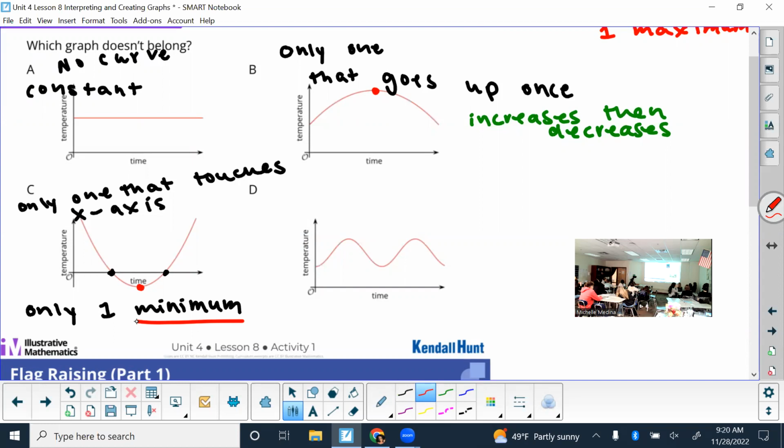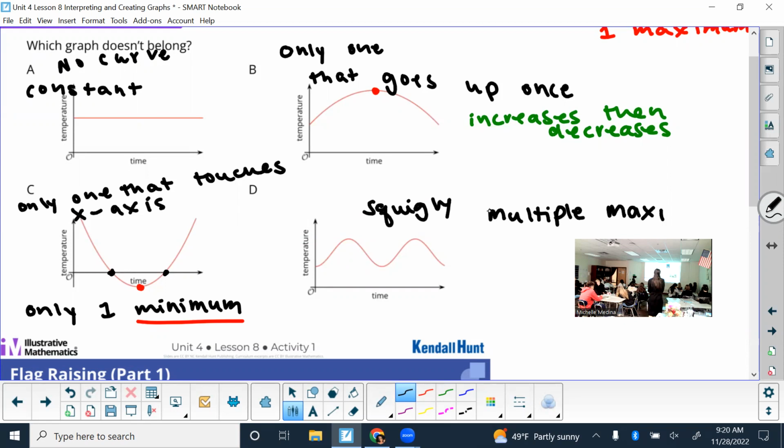Who can give me a reason why D doesn't belong? Okay, I think I heard that it's squiggly. Now let's convert that to math vocab. Does it have maximums and minimums? Yeah, it has both. So we could say it has multiple.